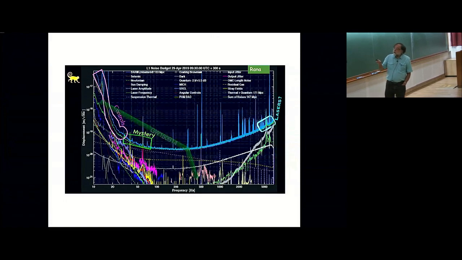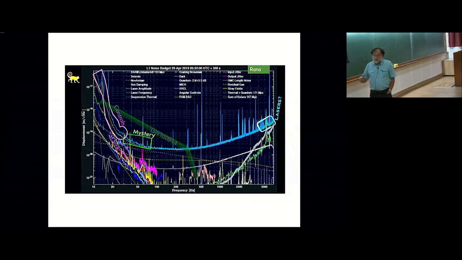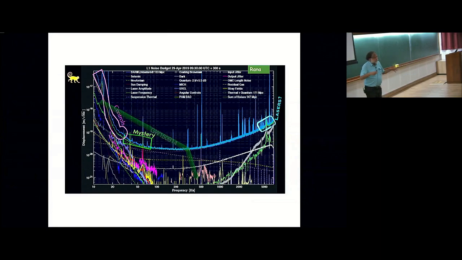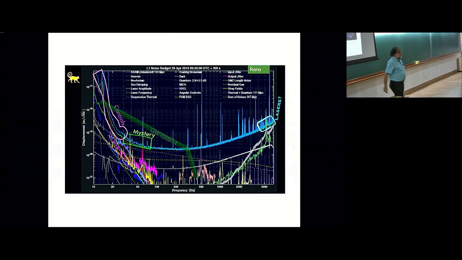I will point out that mystery noise and the excess noise that we have, for example the excess control noise, almost always occurs at the lowest frequencies. When you look at a curve like this, you see lots of things, but the real crunch comes at these lowest frequencies, where a lot more noise sources contribute, and they all gang up right at the lowest frequencies.